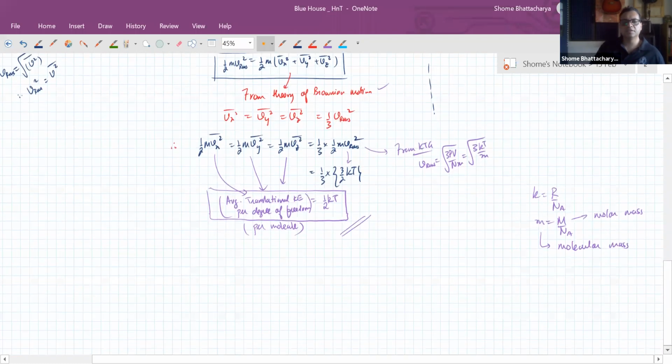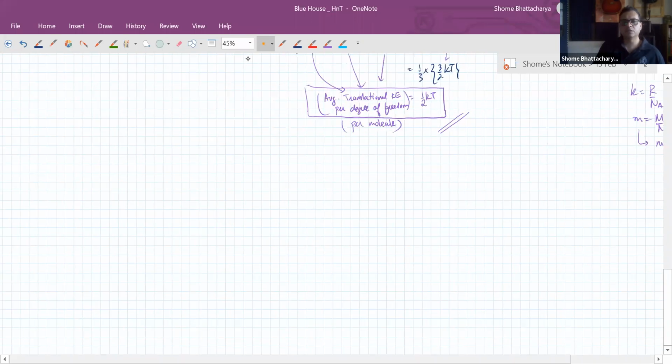Okay, so let's understand a little bit more about equipartition of energy and how this applies.